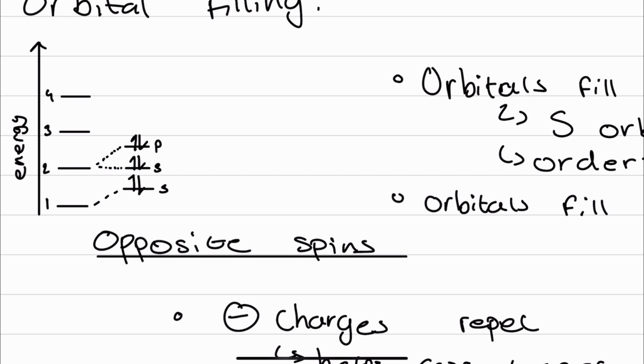Now, there's one exception to this filling rule where it's s, then p, then d, then f. That's the general order, because you can see that as we keep going, it's going to be s here, then p here for the third shell. Now, the very specific exception is when you get to 3d.